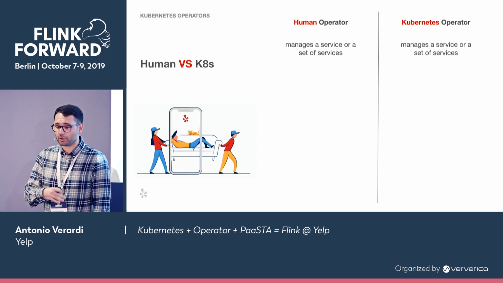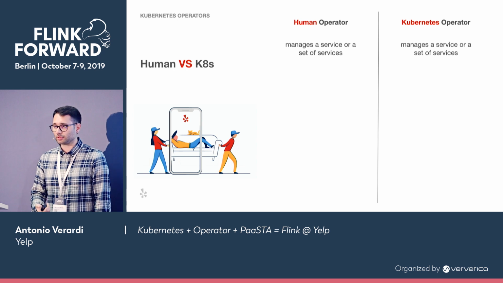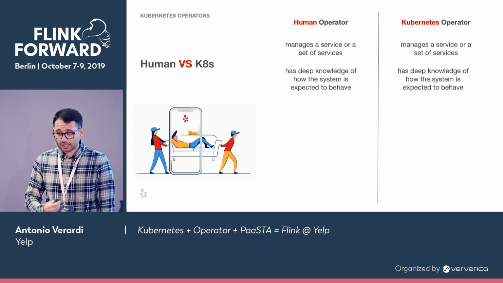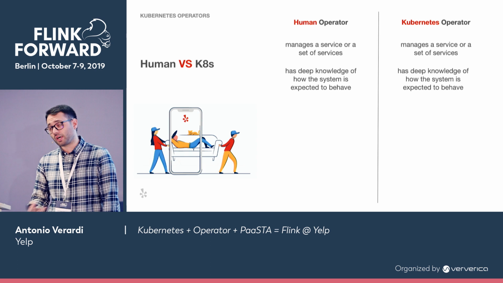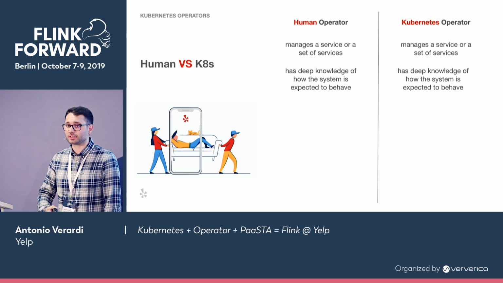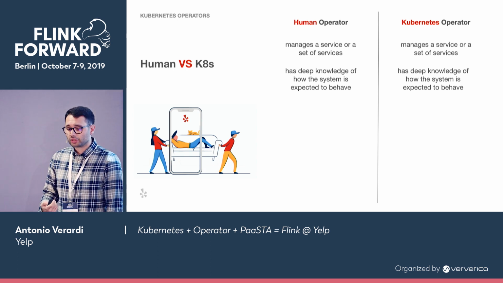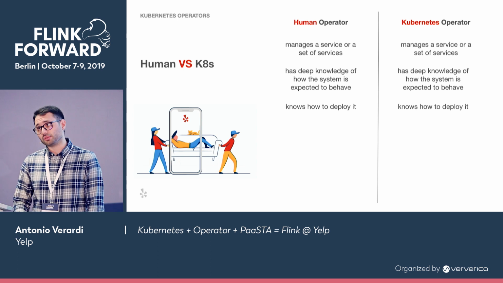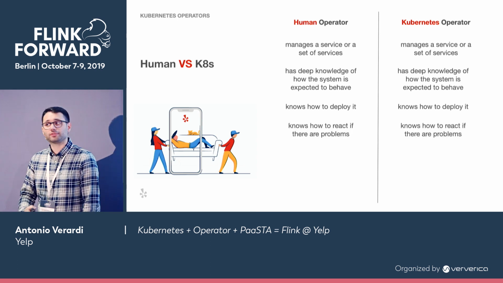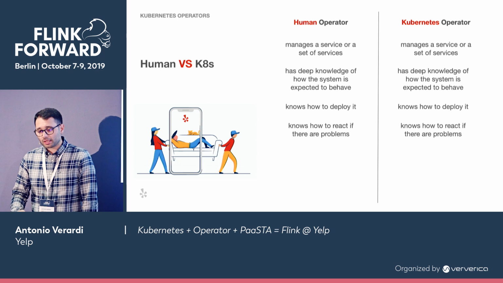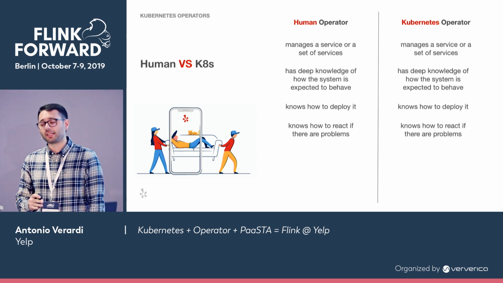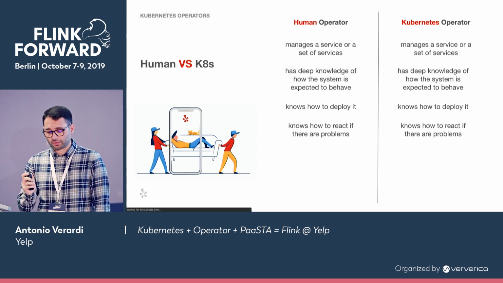So first of all, they both manage a service or a set of services. So far, so good. They have a deep knowledge of how the system works, and they know how the system is expected to behave. So they also know how to deploy it and how to react if there is any problem. Now, so far, they are exactly the same thing. The difference starts here.